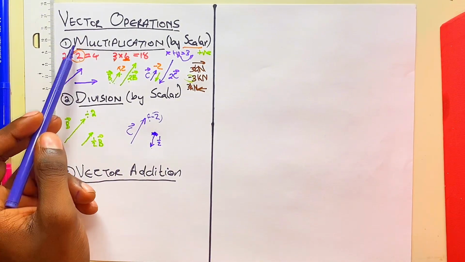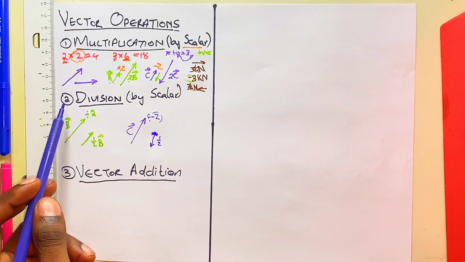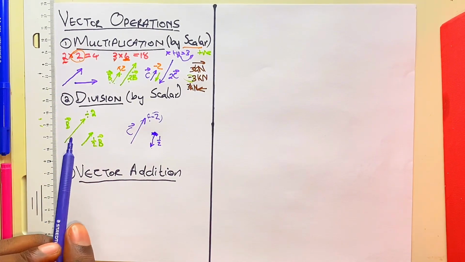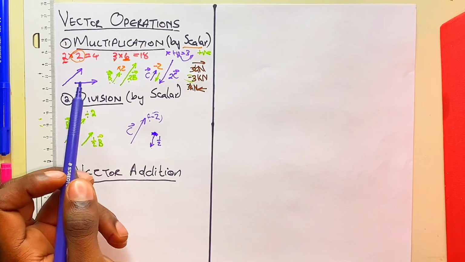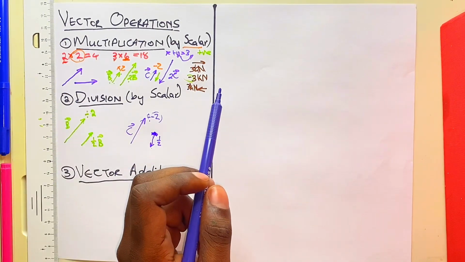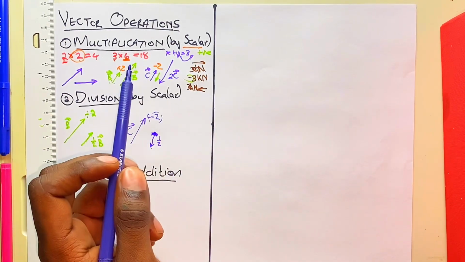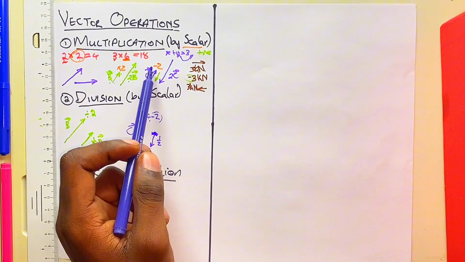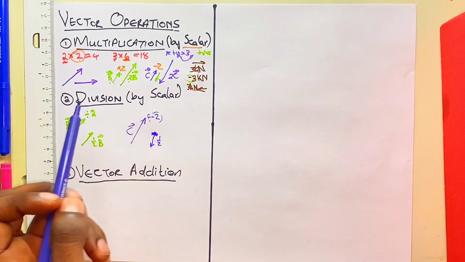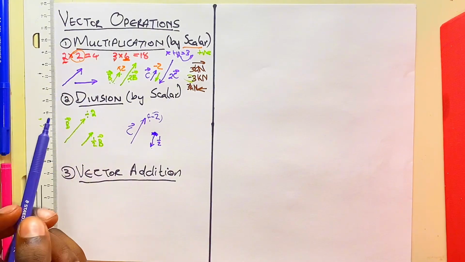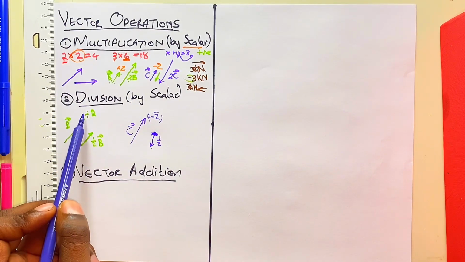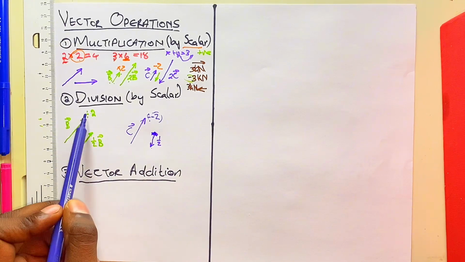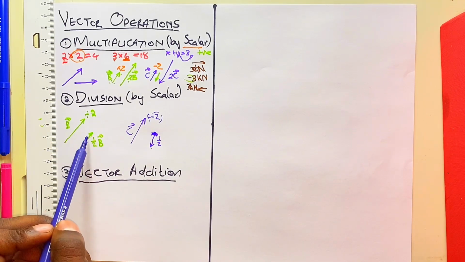So the difference between multiplication and division is that with multiplication, your vector will increase by the factor that you are multiplying it by. And if that factor is negative, it will now go the opposite direction. With division though, it will decrease by that factor, meaning that if you divide by 2, it will become half of it.